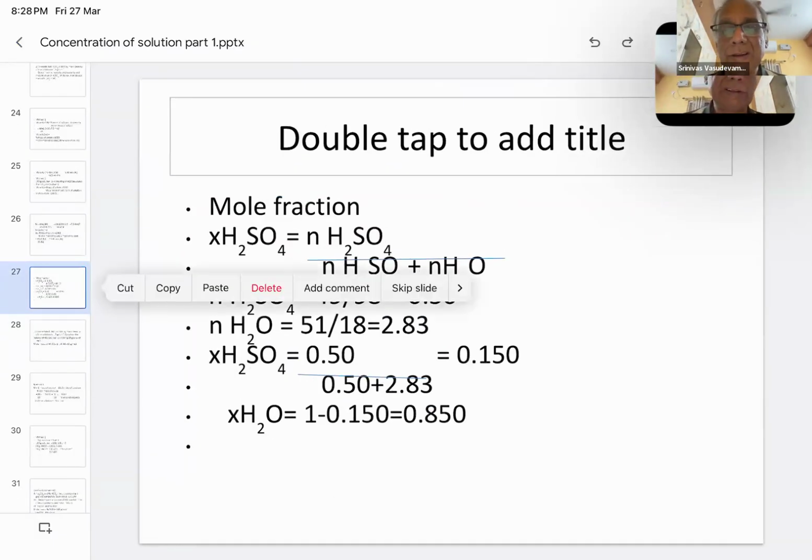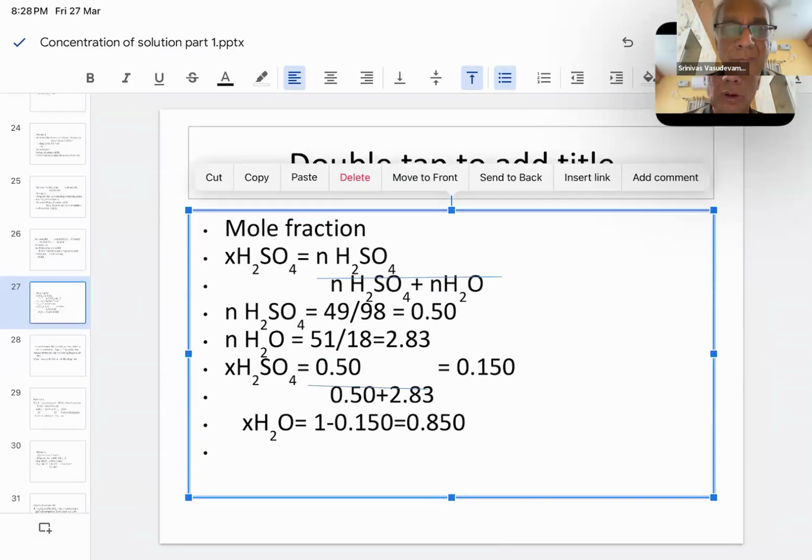Then mole fraction of sulfuric acid is number of moles of sulfuric acid divided by total number of moles. That is number of moles of sulfuric acid plus number of moles of water. Number of moles is nothing but mass by molecular mass. Sulfuric acid mass is 49, molecular mass is 98, so 0.50. Water is 51 gram because 100 gram solution contains 49 gram sulfuric acid, 51 gram water. 51 by 18, 2.83.